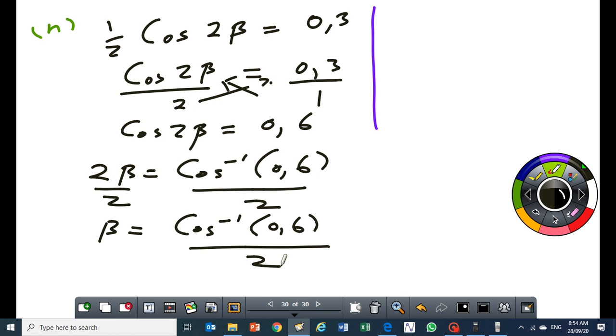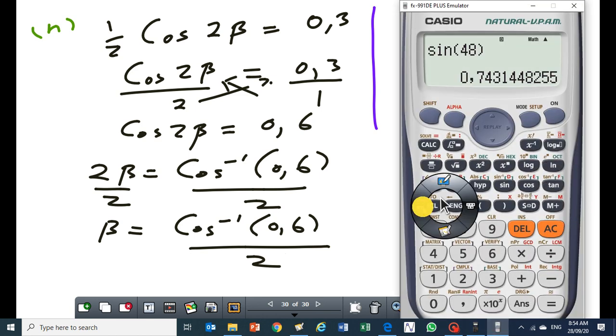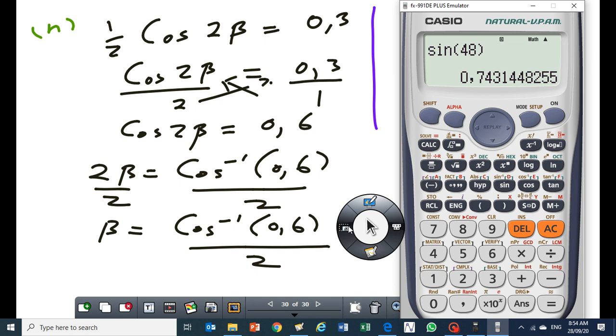So then you bring in your calculator. You are going to have shift cos. Let's put the fraction option first. That will be shift cos of 0.6, divided by 2.